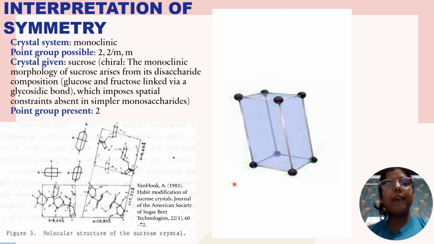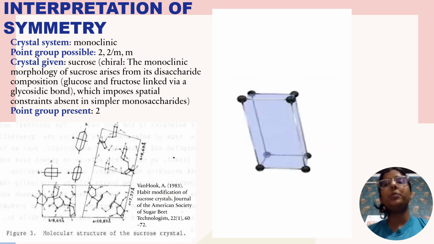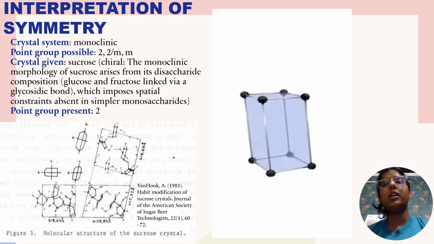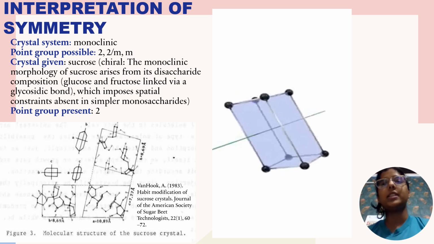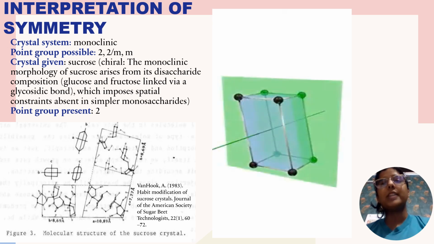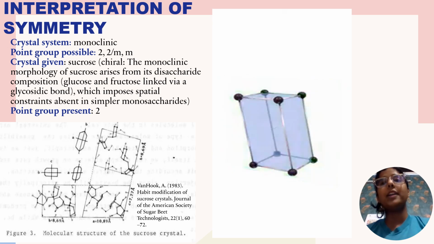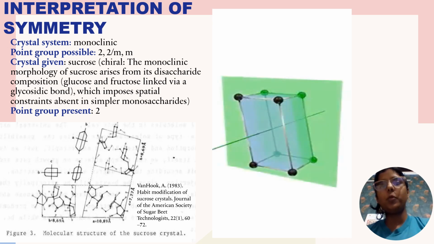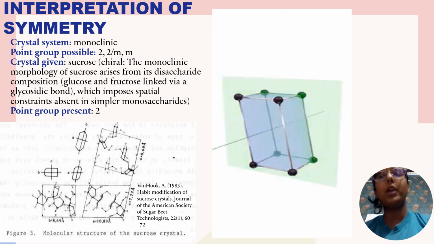Here I have shown an animation depicting all the possible point groups that a monoclinic system can have. We can assume it is a random monoclinic system. It can have a twofold rotation axis passing through the center, and the mirror plane depicted like this. 2/m means the twofold axis of rotation is here and the mirror plane m is perpendicular to it.